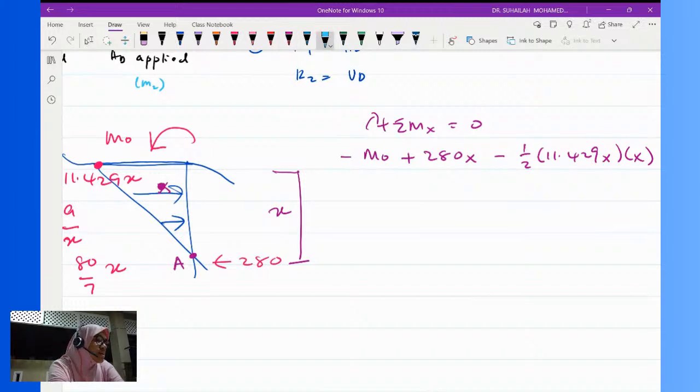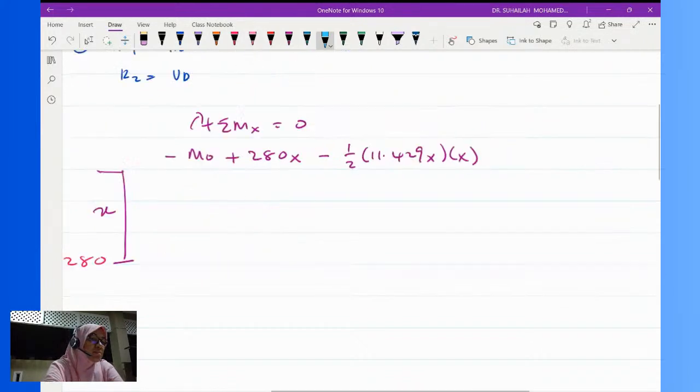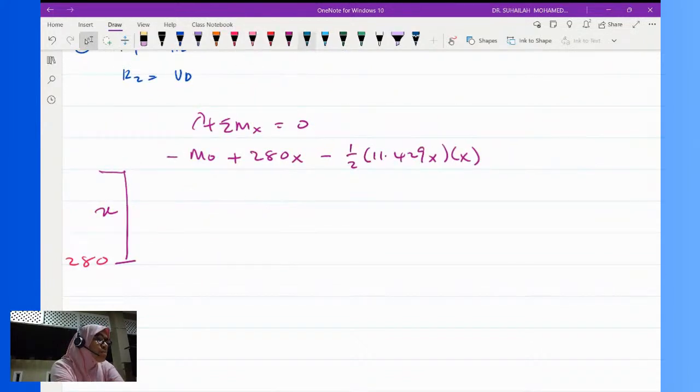The centroid is at 1/3, so we have to times x. So whenever you have the triangular load, we will produce x cubed.